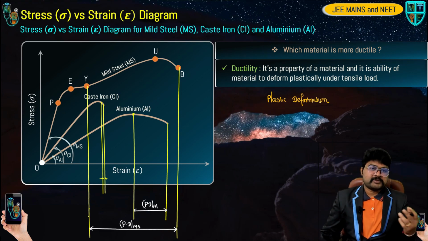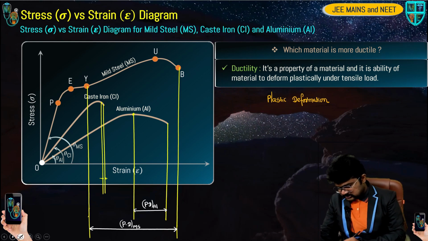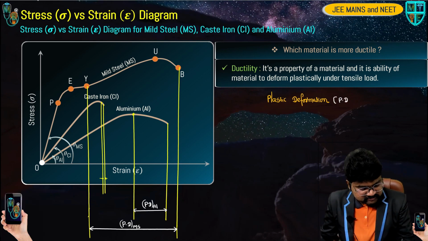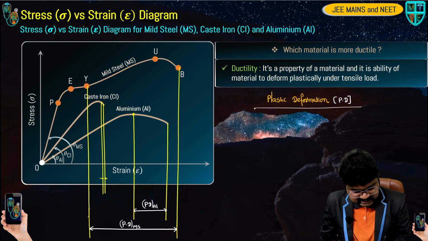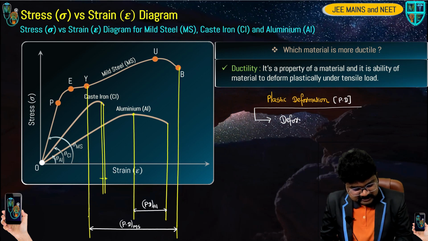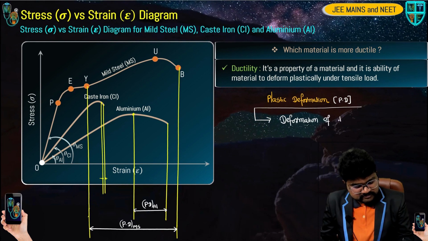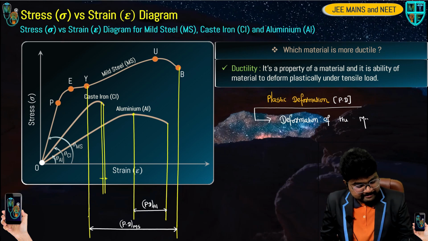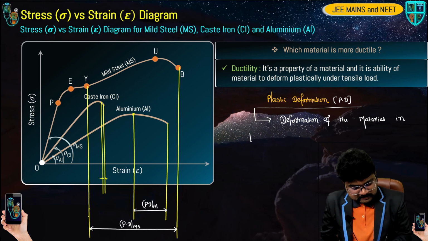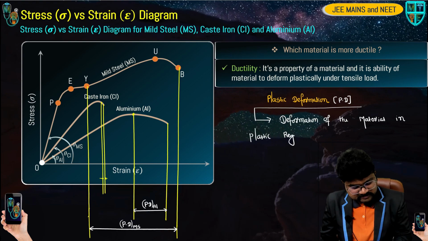The higher the deformation of the material in the plastic region, the more ductile it is.